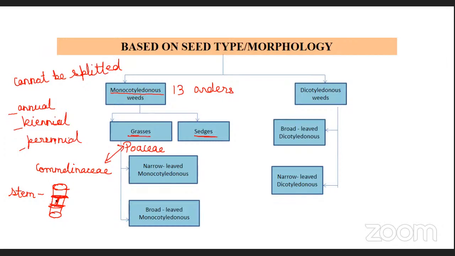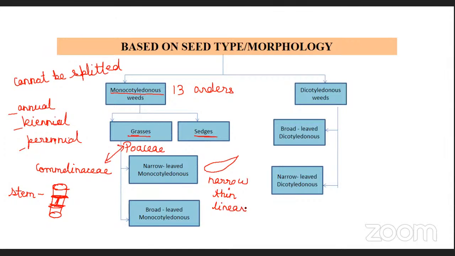If we talk about the leaf of the grasses, they are usually narrow, thin, and linear.